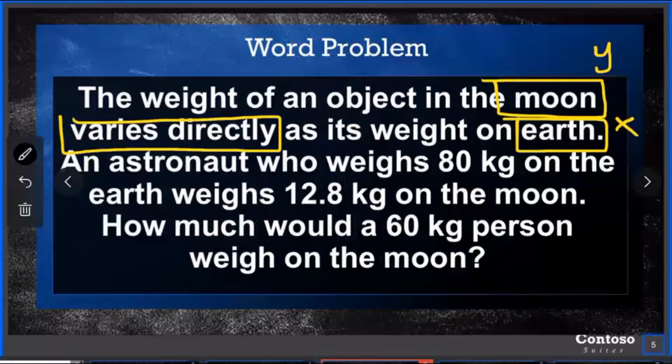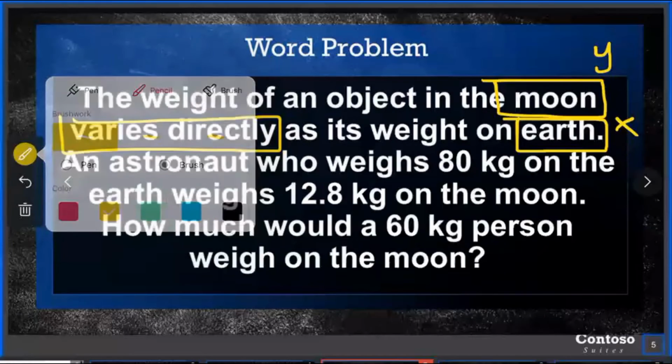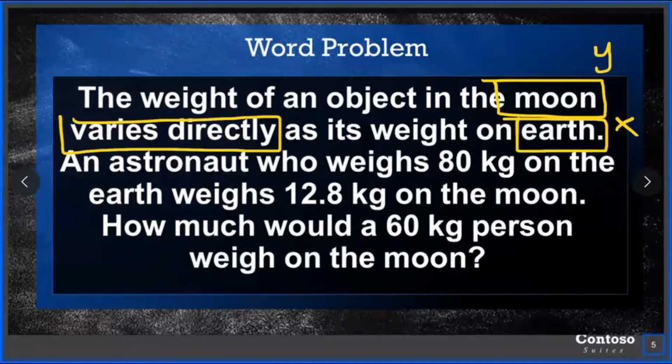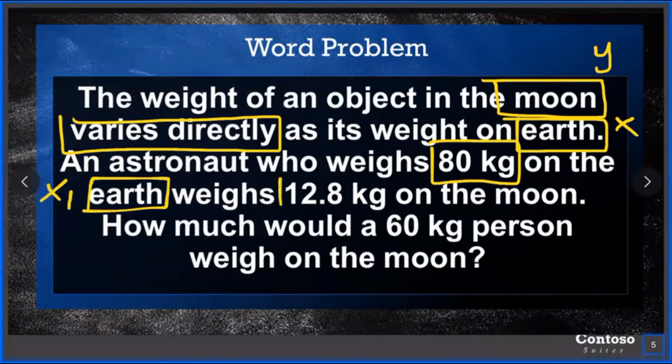Now, since we identified x and y, let us proceed to the second sentence. An astronaut who weighs 80 kilograms on the earth, since that is the first one mentioned, will be our x sub 1. Then weighs 12.8 kilograms on the moon. Since we talked about the moon, that is our y sub 1. So let us write it down.